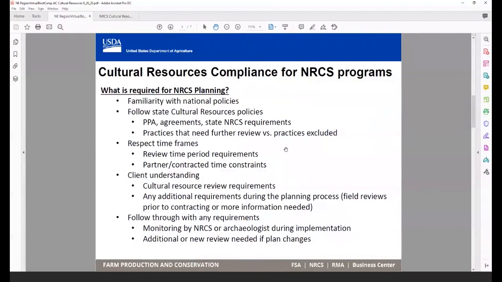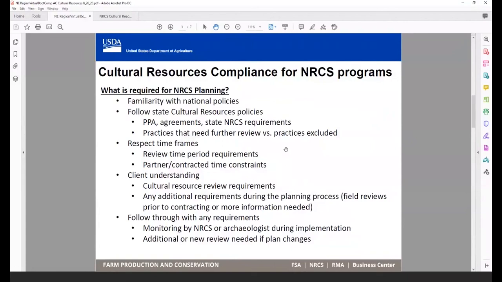So since it's federal money, we have the responsibility to make sure the client understands that there are these processes we need to go through. And then also in our planning, we oftentimes have a requirement that there's monitoring by NRCS or an archaeologist during implementation. So you need to be aware of that for when those practices come up for installation. So just need to stay on top of that.